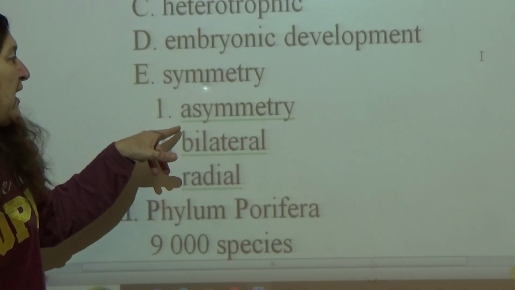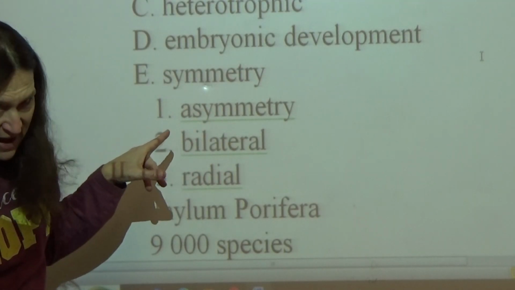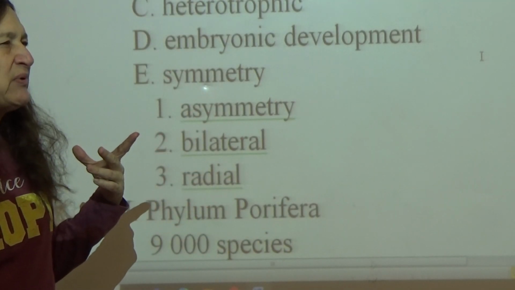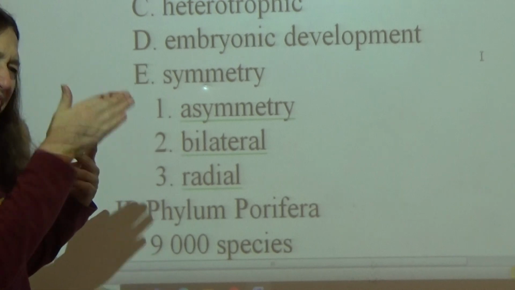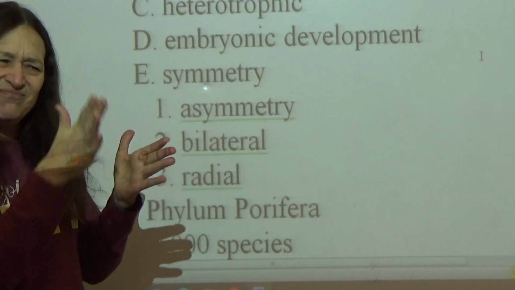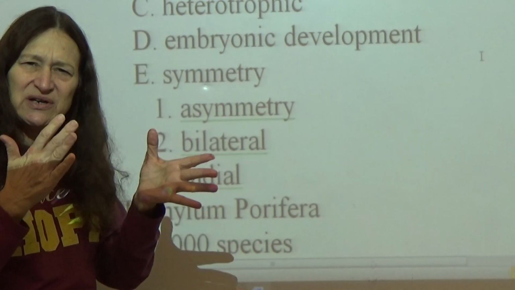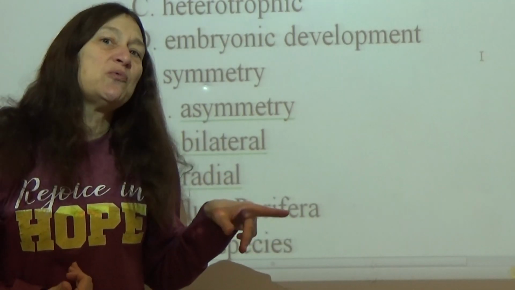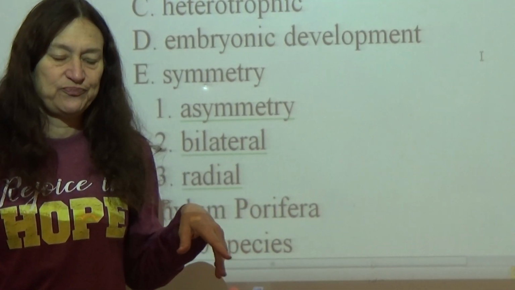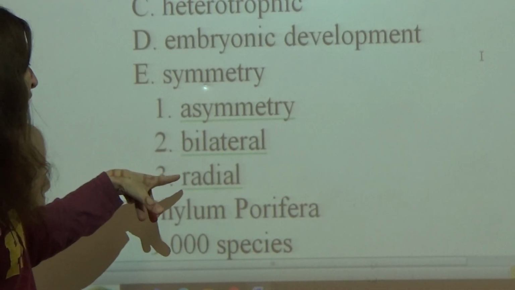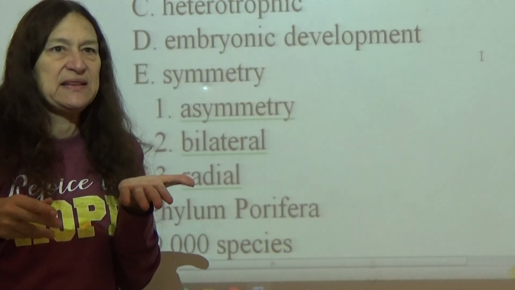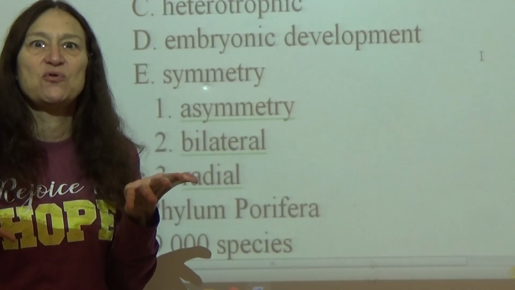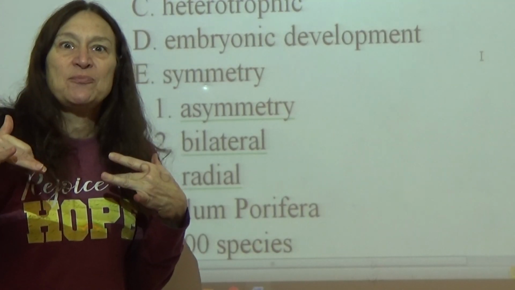All right, so asymmetry, A means not, we know that, so no symmetry. That would be something that no matter how you decide to try to cut it, you don't get mirror images of each other in any way. The bilateral, which is what we have, and radial symmetry would be, think of a sea star, a sunflower, an umbrella.